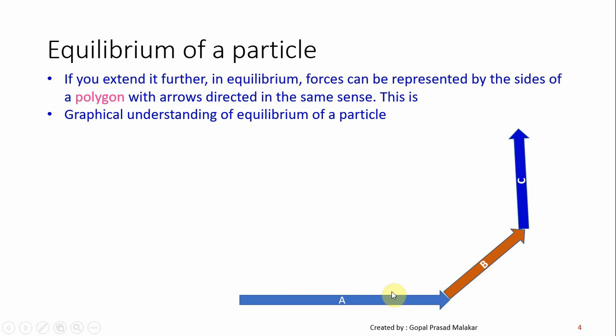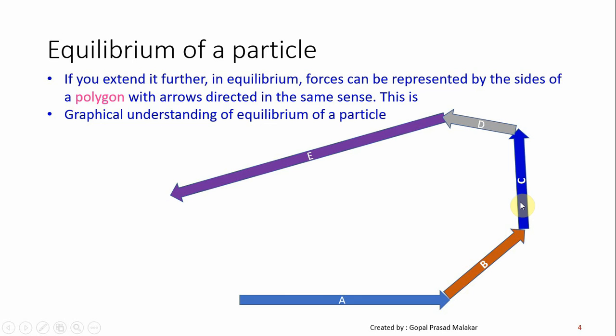So if you have, let's say, A, B, C, another force D, another force E, then one force F. Now if all of them are sides of a polygon and arrows are directed in the same sense, in that case the particle has equilibrium of forces, so the particle is at equilibrium because the net force is zero.